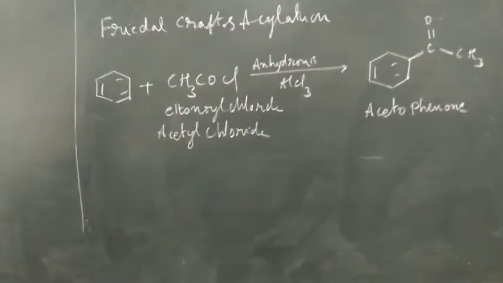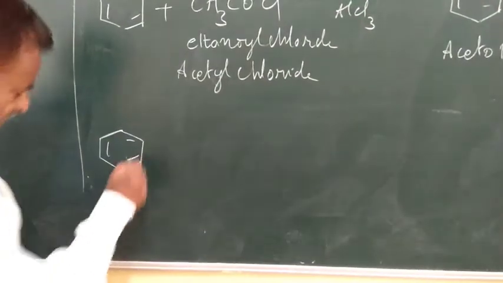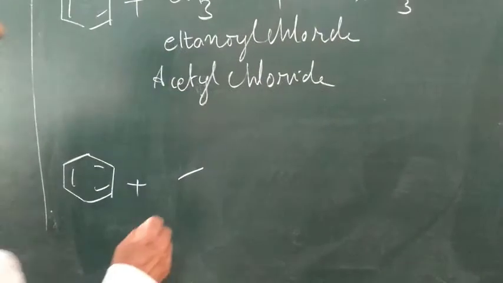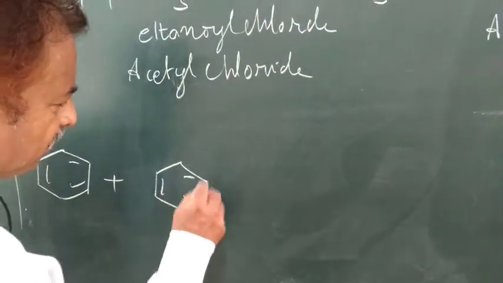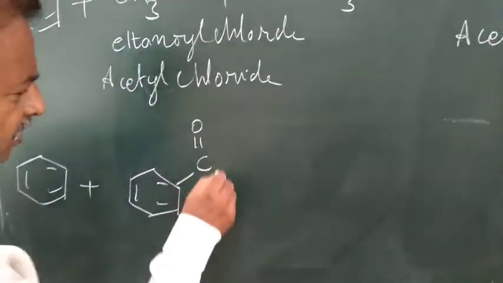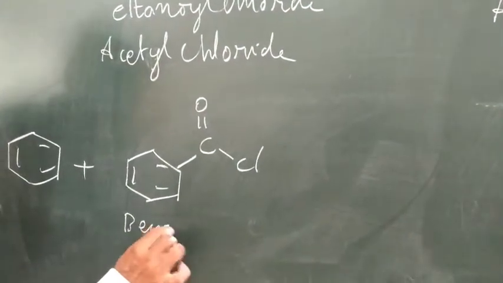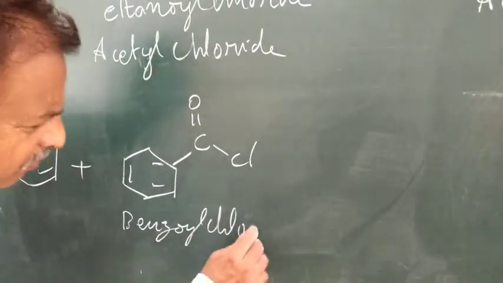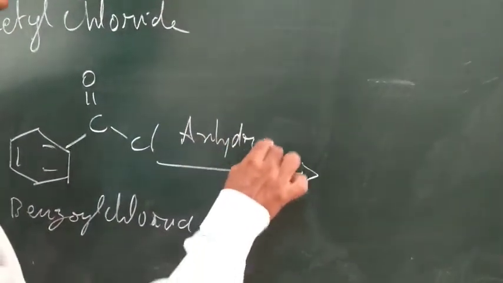Now let us see another reaction. Benzene ring plus, what is this substance? Benzoyl chloride. Benzoyl chloride in the presence of anhydrous aluminum chloride.